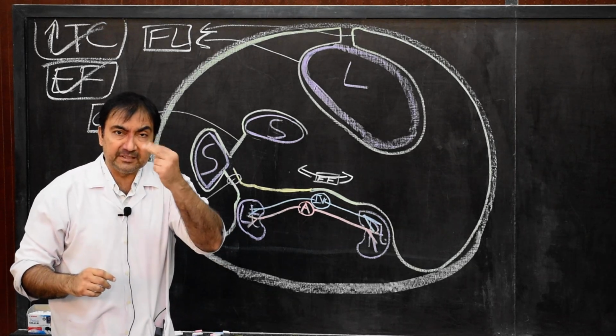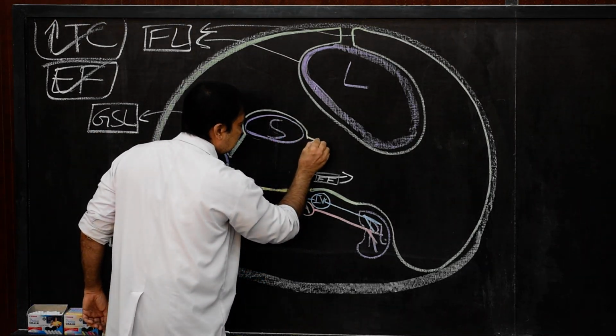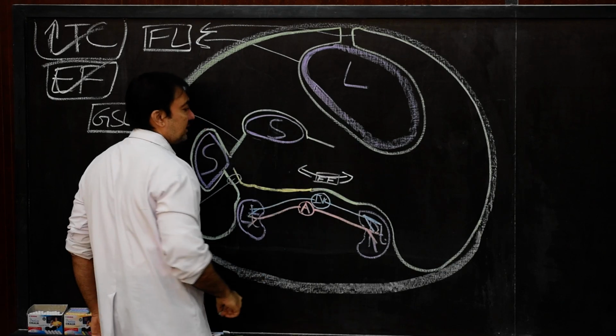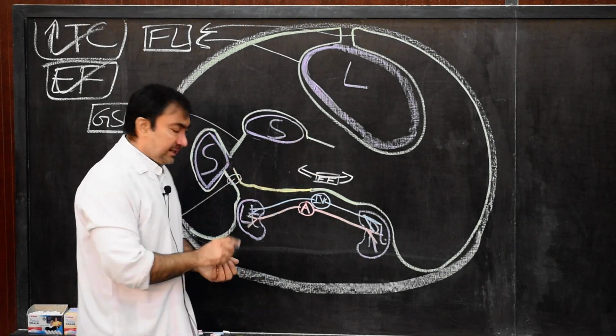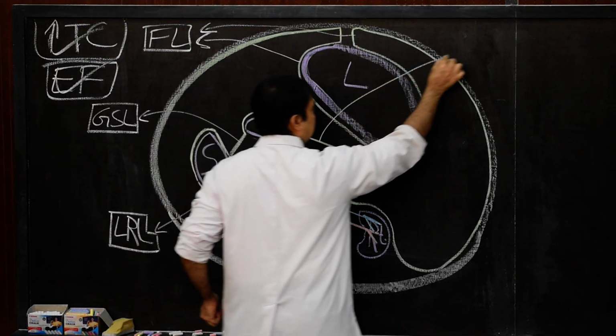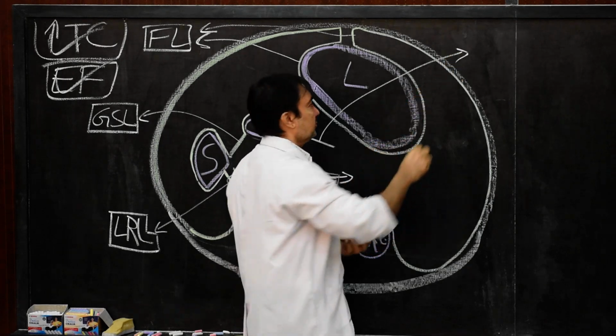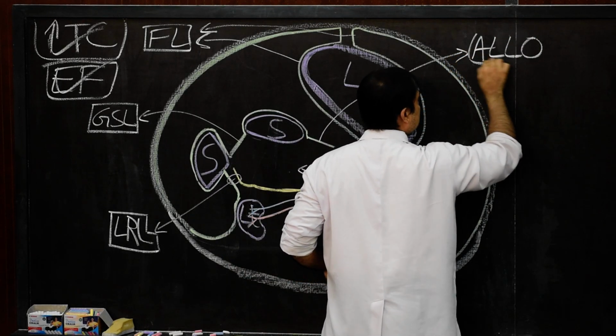Remember, the lesser omentum has two layers. So here, this layer becomes continuous as the anterior layer of the lesser omentum. Here I will give the name on this side. This is visible. So, anterior layer of lesser omentum.